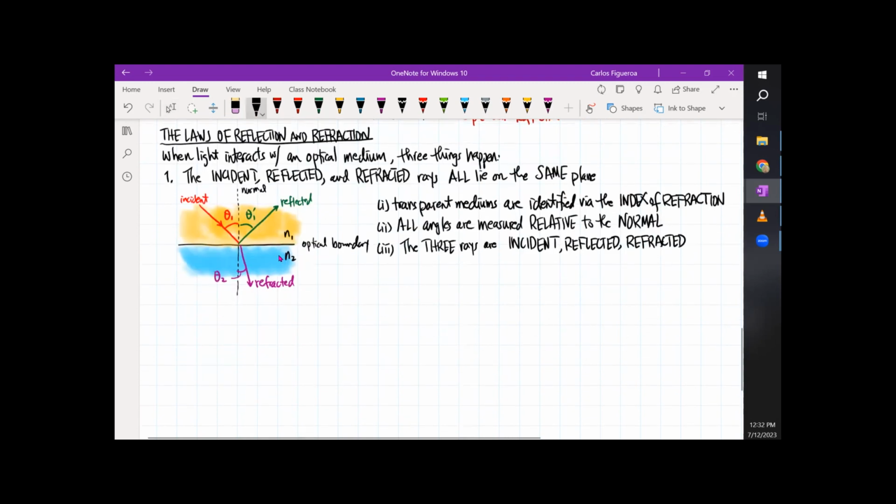So then I have two laws here. We have the law of reflection. The law of reflection says that the incident angle, which I call theta 1, is equal to the reflected angle.